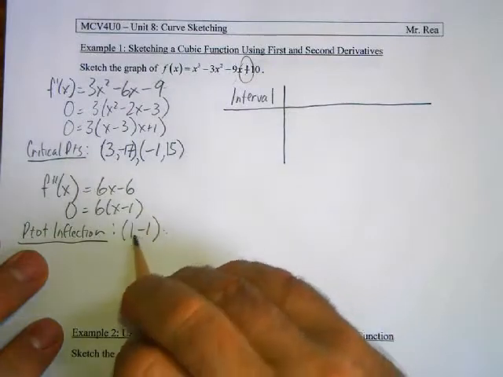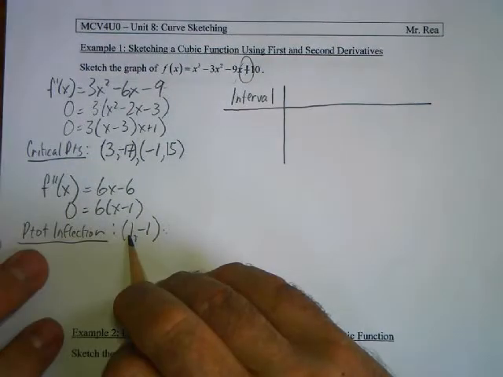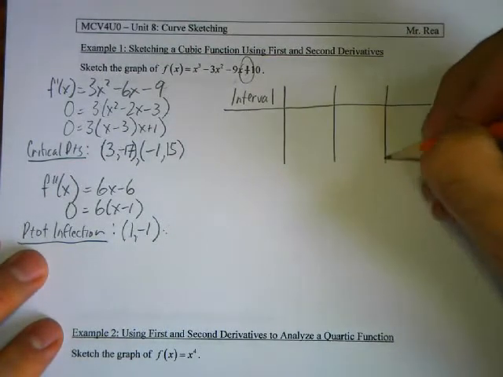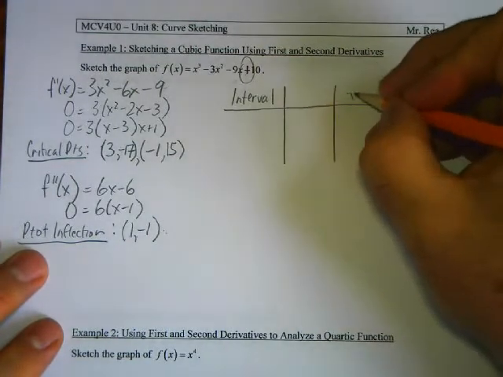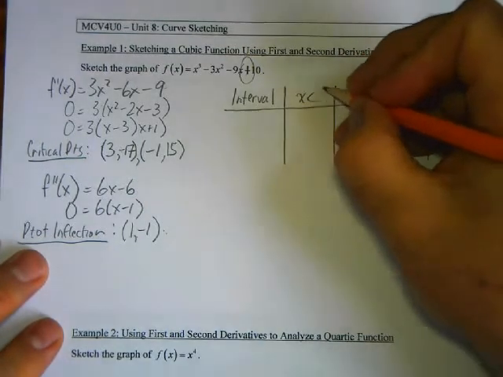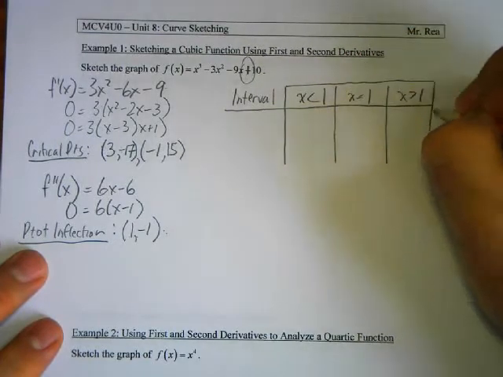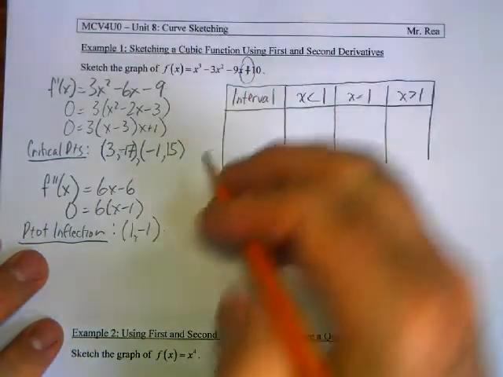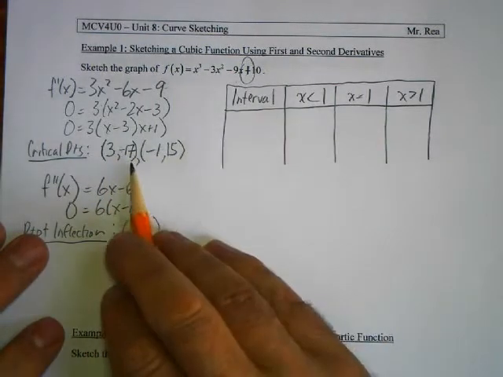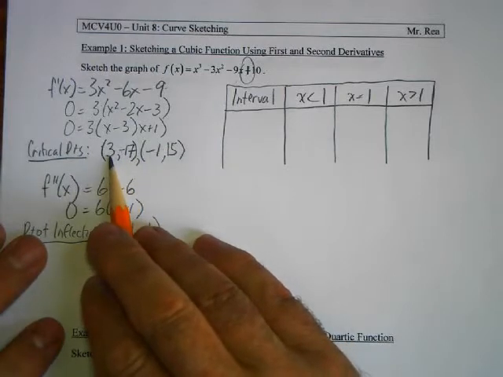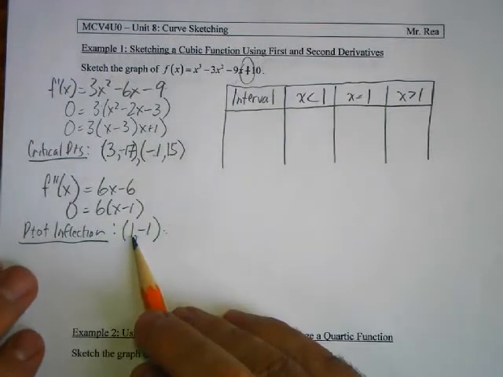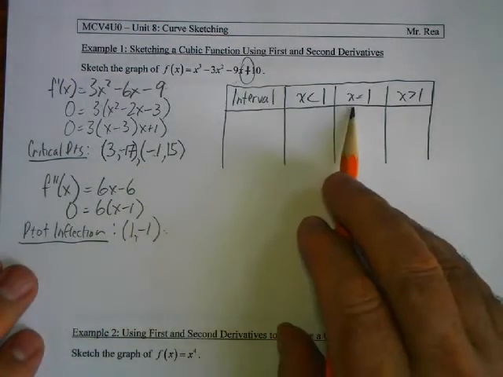Okay, so for this I'm only looking at that one point and the intervals to the left and right. So I'm going to make a separate column for that value of x: x equals 1, x greater than 1, and x less than 1. I'm not testing to find out what's going on with the critical points, because if I was, I would have intervals based on negative 1 and 3. This interval is based on the second derivative point of inflection at x equals 1.